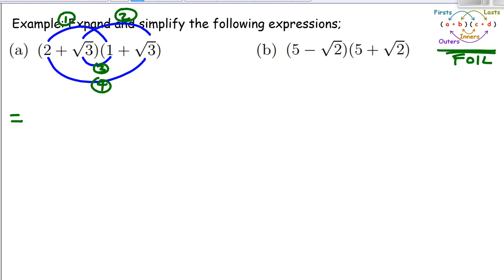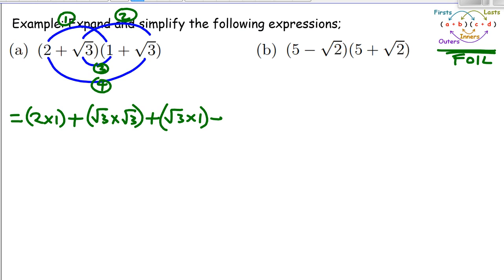Let's start with the first step, 2 multiplied by 1, plus second step, root 3 multiplied by root 3, plus third step, root 3 multiplied by 1, and then fourth step, 2 multiplied by root 3. So what I'll end up with here is 2 multiplied by 1 is just 2.